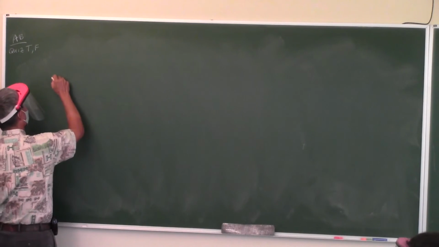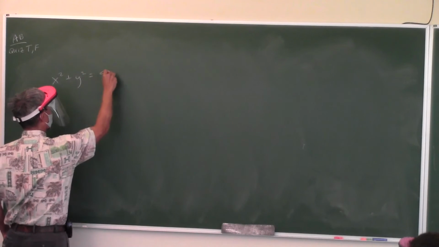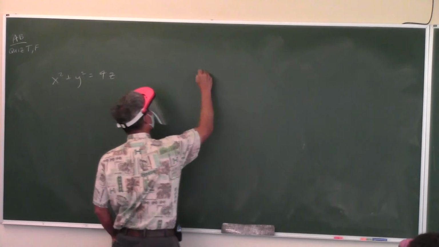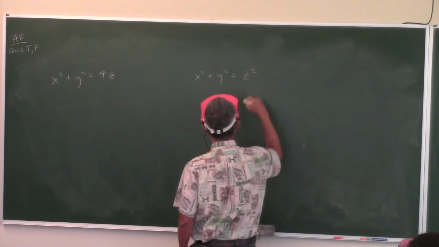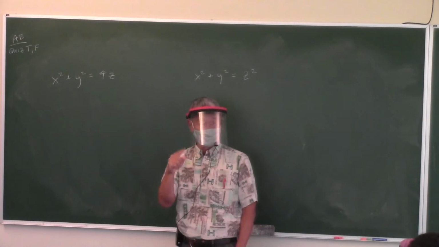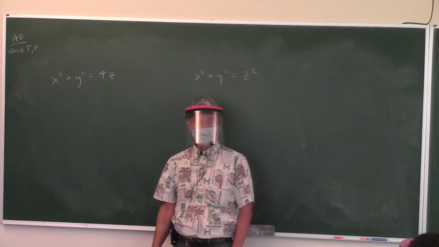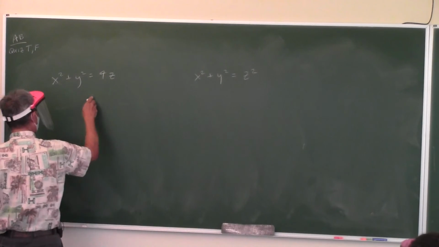So how about x squared plus y squared equals 4z compared to x squared plus y squared equals z squared? Let's compare these two. Wait. Let me think about that. Is that right? You guys don't know. So here, let's just do this one first.